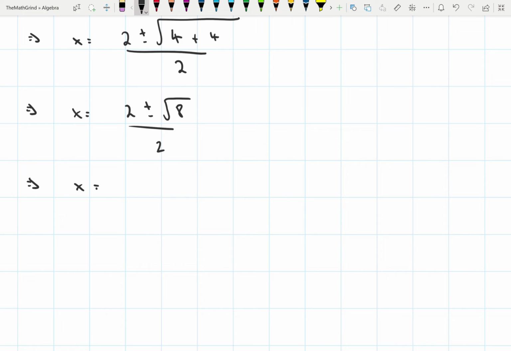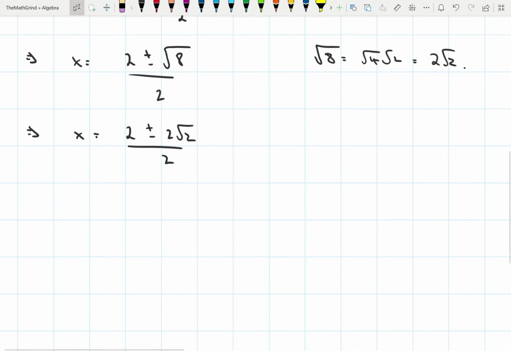Either way, square root 8 is the same thing as root 4 times root 2, which is just going to be 2 root 2, all over 2. And then we can divide by our 2 at the bottom, so x is going to be equal to 1 plus or minus root 2 if I divide everything by that 2.